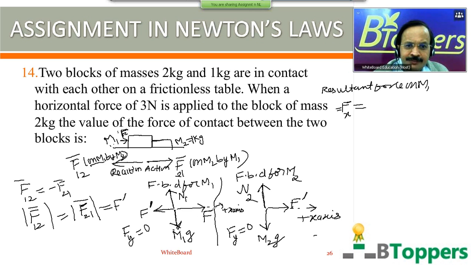Look at the free body diagram for M1. F is the magnitude of the horizontal force applied on M1, which acts towards the right in the direction of its motion. F dash is the magnitude of the reaction force on M1 by M2, which acts towards the left, opposite to the motion. So the magnitude of the resultant force on M1 towards the right will be equal to F minus F dash.